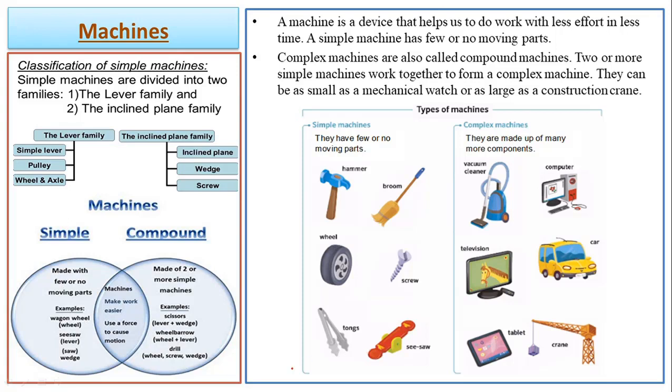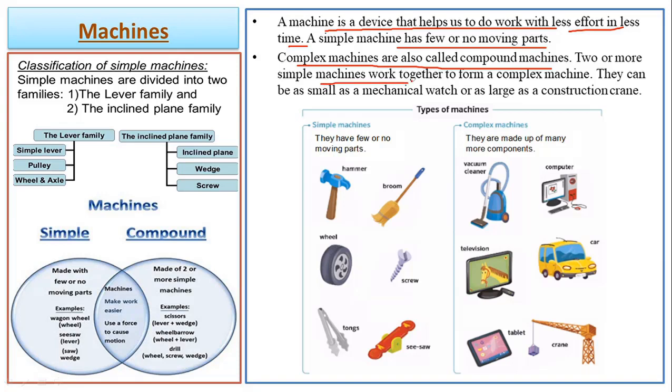A machine that helps us to do the work with less effort in less time is a simple machine, where we observe that they are made up of only a few parts or no moving parts. Whereas a complex machine, or a compound machine, consists of two or more simple machines.